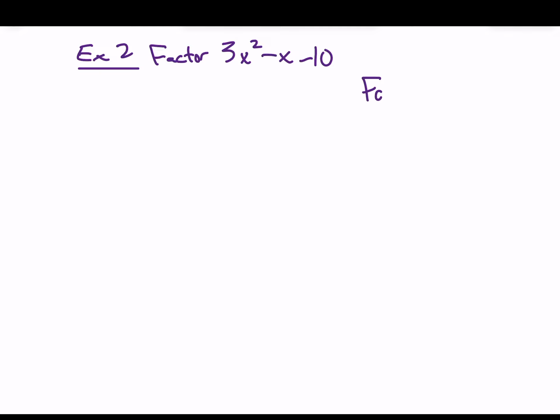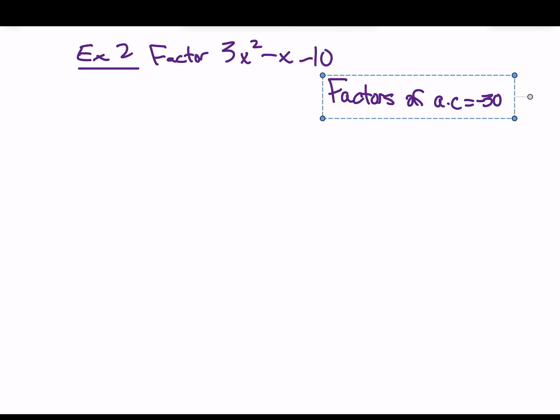Example 2. We want to factor 3x squared minus x minus 10. So the first thing we want to find is A times C. And A is 3, C is negative 10, so our A times C is negative 30. And so we'll want to find factors of that and then find sums. Okay.